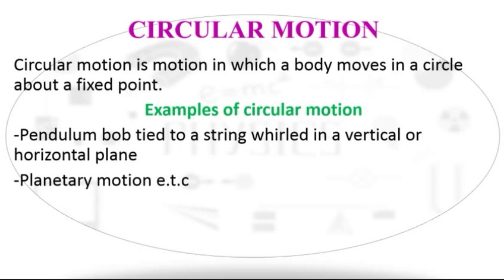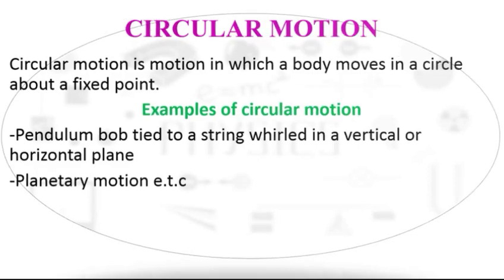Another example is planetary motion. You must have looked at the solar system and how planets move around the sun. So they describe a circular motion. It may be a car or a bicycle moving around a corner. That is still circular motion. It may be children playing on the swings, these swings which rotate, or circus. That is all circular motion.